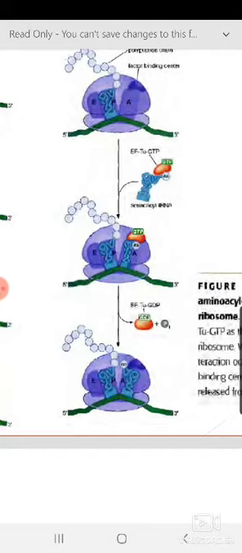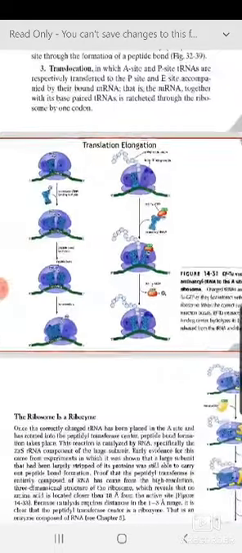And once it is bound correctly, a GTP hydrolysis takes place. So GTP becomes GDP and Pi, and this EF-Tu will lose its affinity towards this factor binding center of the ribosome big subunit. So this is the first step.